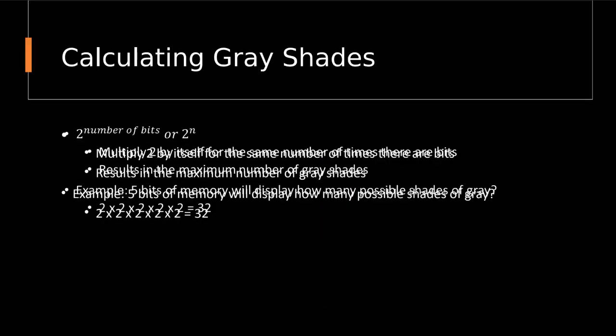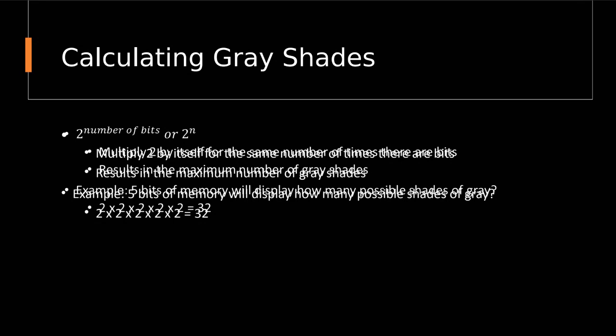Okay, so calculating shades of gray, we can actually mathematically figure out how many shades of gray are being displayed on our picture. We do so by multiplying the number 2 by itself for the same number of times there are bits. Your registry will give you this information. They'll say to you, you have an image displayed with, I don't know, 32 bits on it. And you can sit there and write out 2 times 2 times 2 times 2 for 32 times.